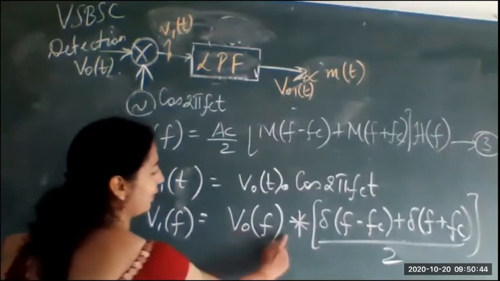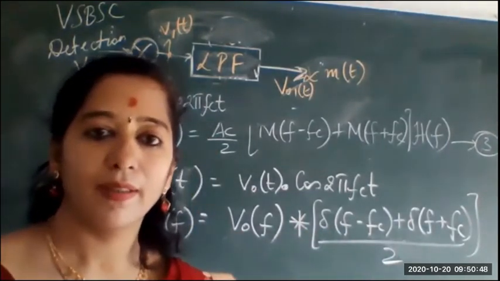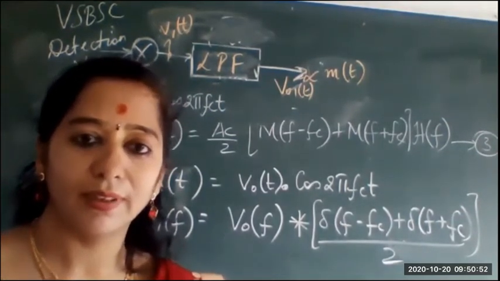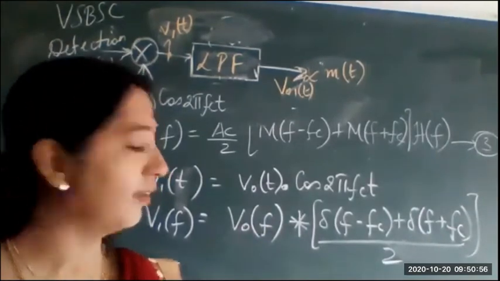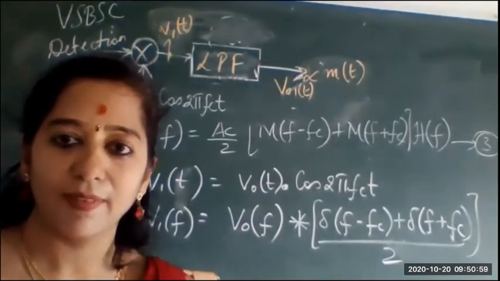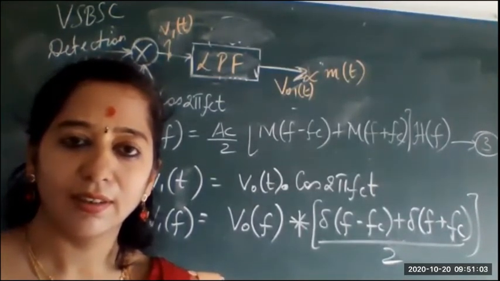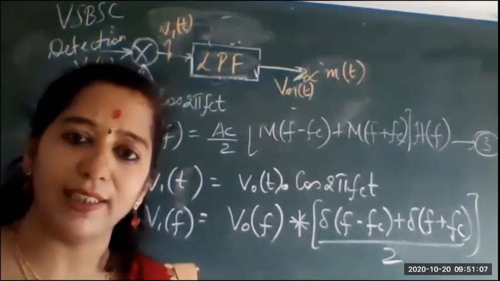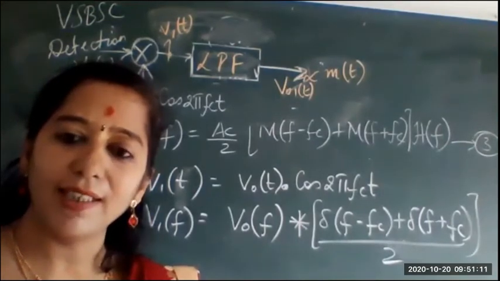Now, what would this become? What is V0 of f convolved with an impulse? Can somebody answer? Can you tell me what is V0 of f convolution with delta f minus fc? What was m of f convolved with delta f minus fc? m of f minus fc. We did that before, no?